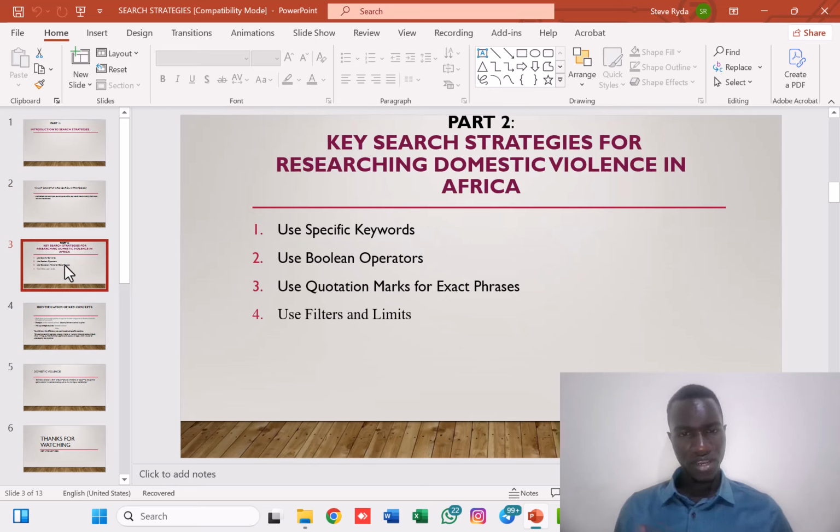So here, they are saying key search strategies for researching domestic violence in Africa. Number one, use specific keywords, use Boolean operators, use quotation marks for exact phrases, use filters and limits.